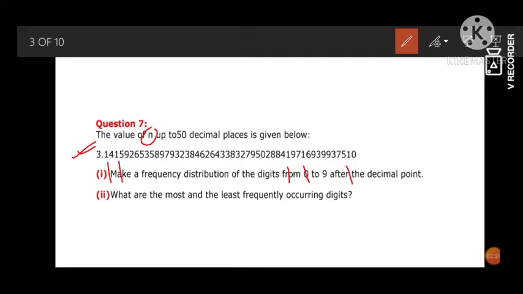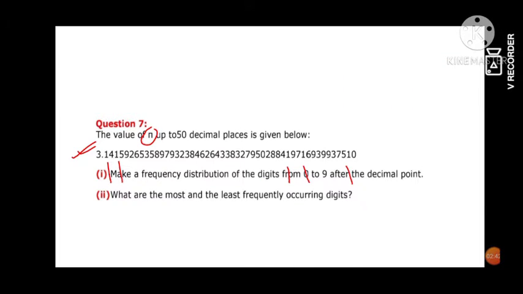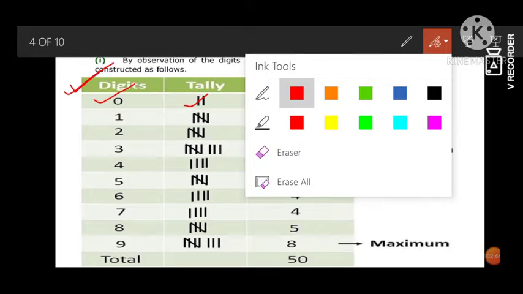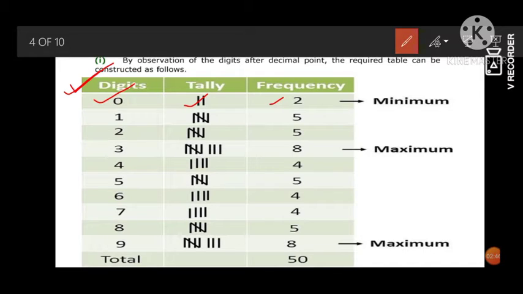So 1 is repeating itself 5 times. So in our table, the first number is 1, the tally is of 5, so 4 vertical lines and 1 diagonal line, and the frequency is 5.